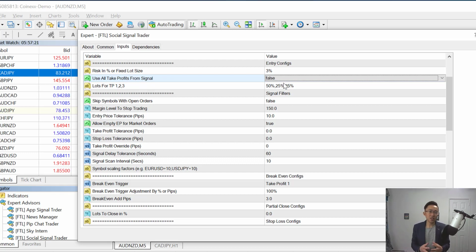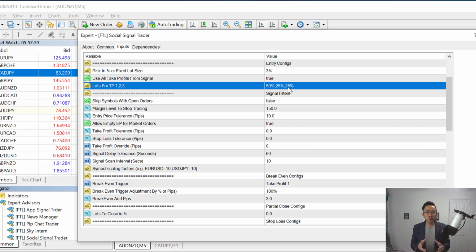This gives you the possibility of leaving take profit open, and you can adjust your trailing stop so that it will be ideal for your signal provider. You have to test this out. But let's say we want to set it to true, and use everything that's given from our signal.